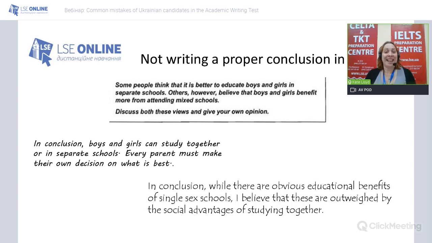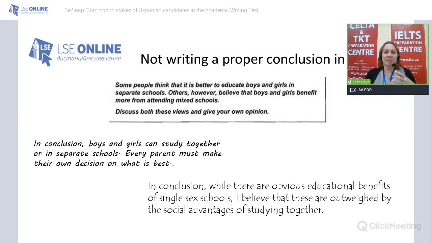Now you can see that my body paragraphs were of course about it being less distracting if boys and girls are together in the same school, but socially advantageous. And this is what I've written in the conclusion, but I've made my decision. It's better to study together.